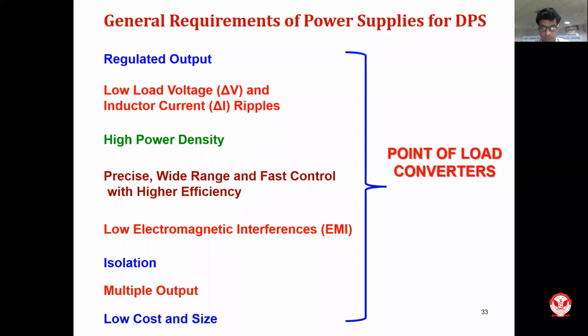Sometimes if the power processing level is high, you also need to go for isolation and multiple outputs. Earlier there was only the understanding that if you want multiple outputs, you need to go for isolated DC-DC converters, which require galvanic isolation, thereby increasing the weight and causing a lot of other issues.